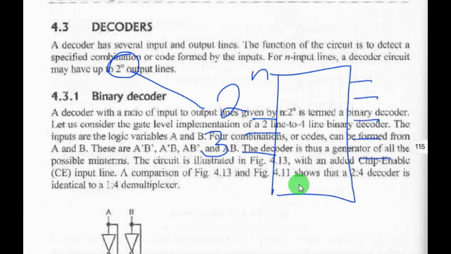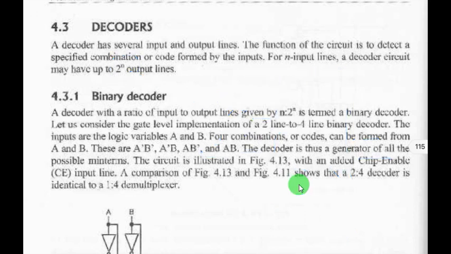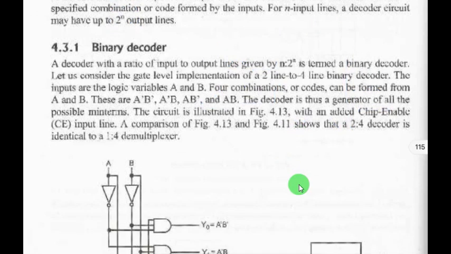With the decoder, we don't have what? Select lines. We don't have select lines. So we will start with a binary decoder. A decoder with a ratio of input to output lines given by n to 2 to the power n, as I have said, is termed a binary decoder.